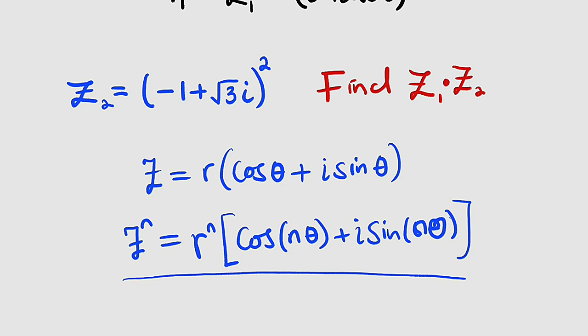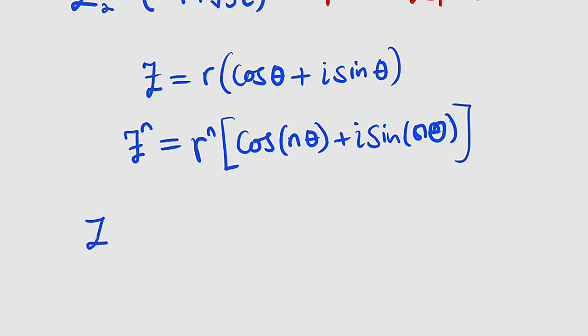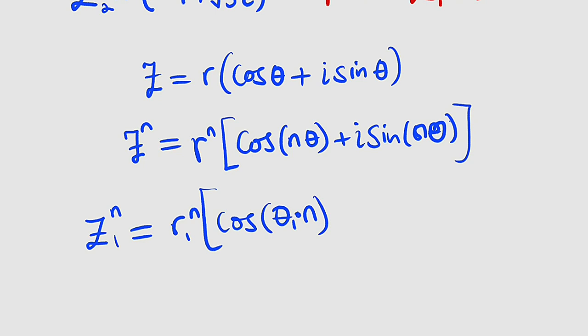But since we have two complex numbers z1 and z2, z1 to the power of n, for instance, this is the same thing as r1 to the power of n, then multiplied by cosine of n multiplied by theta 1, then plus i sine of theta 1 multiplied by n.